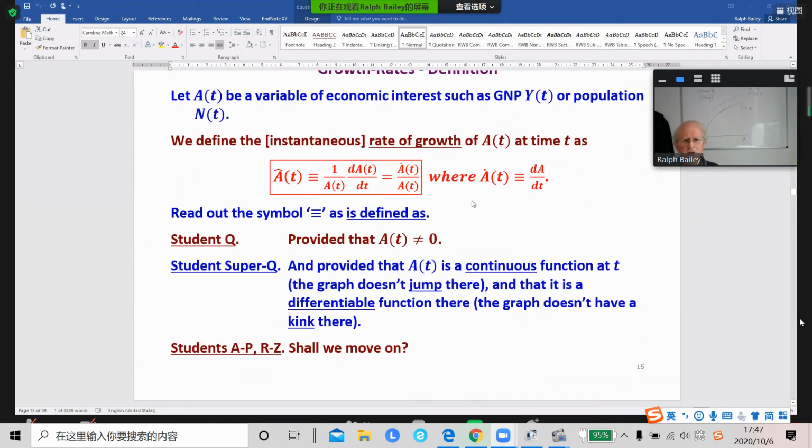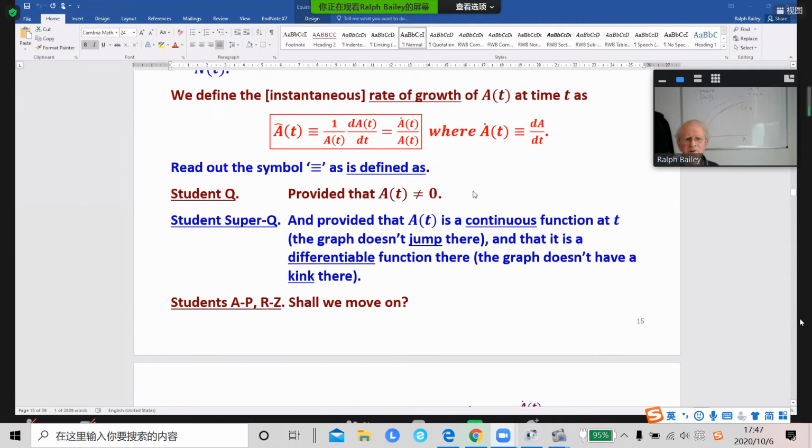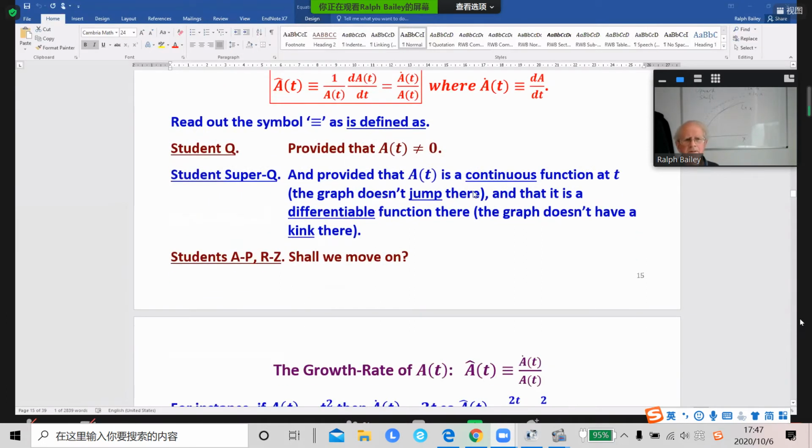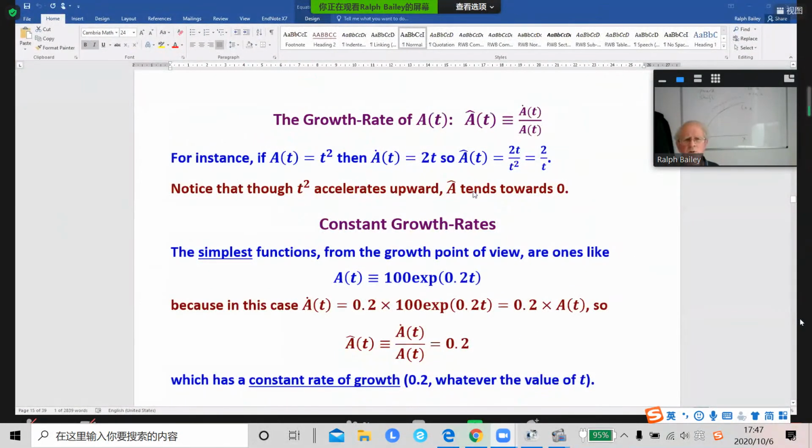So always start with some examples. Suppose A of t equals t squared, and if you imagine the graph of that, it's a parabola quickly curving upward. That means the slope is increasing as t increases. So you'd normally say that's a very fast growing curve.